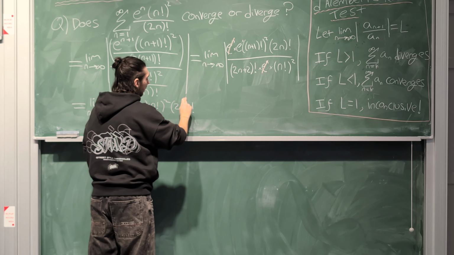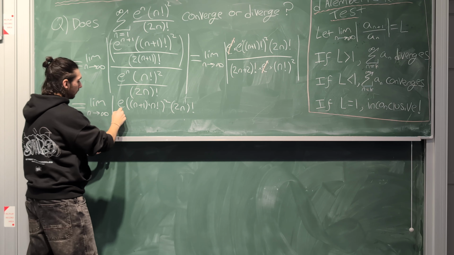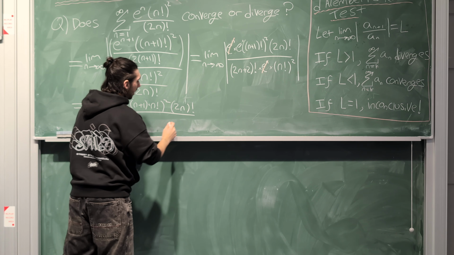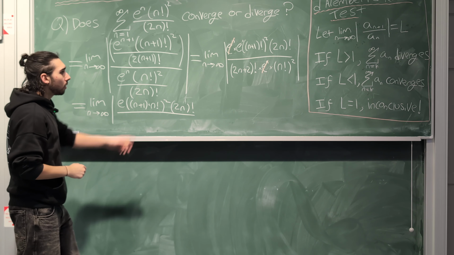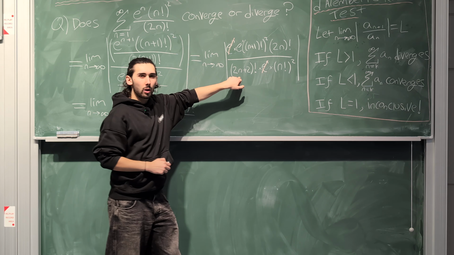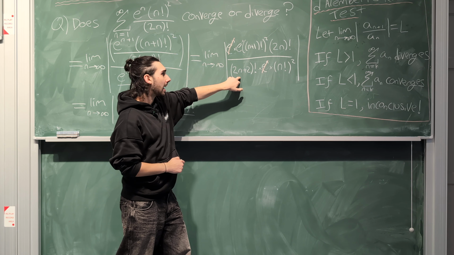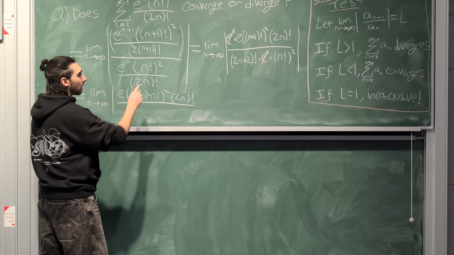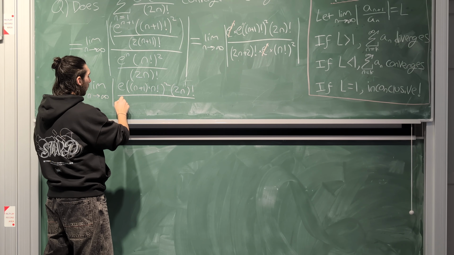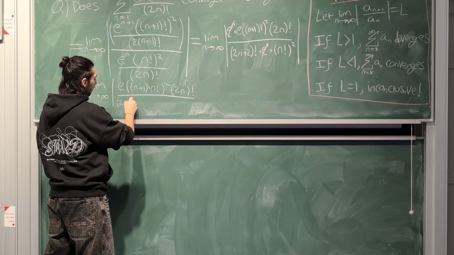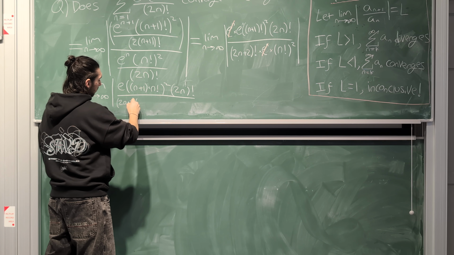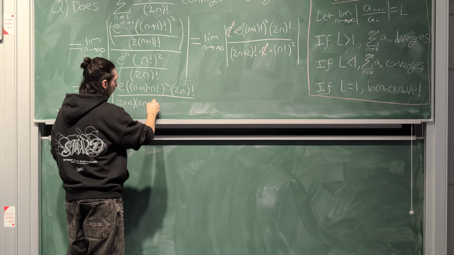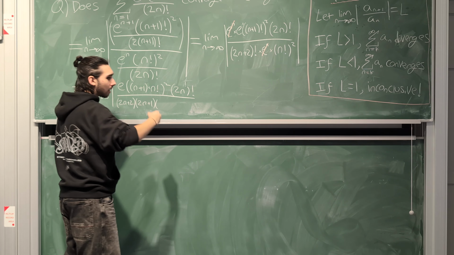Okay, I'm just going to get rid of that a little bit. Okay, cool. All right, and then what do we have on the denominator? Well, 2n plus 2 factorial, I'm interested in seeing if I can cancel it out with this 2n factorial. But what I have to do there is write 2n plus 2 factorial as 2n plus 2 times 2n plus 1 times 2n times 2n minus 1.